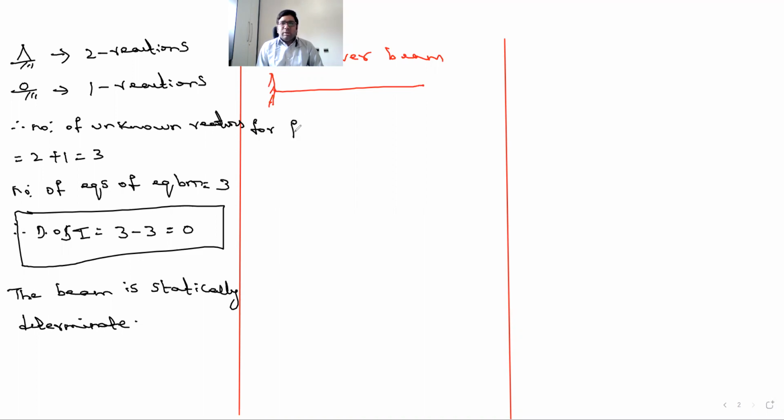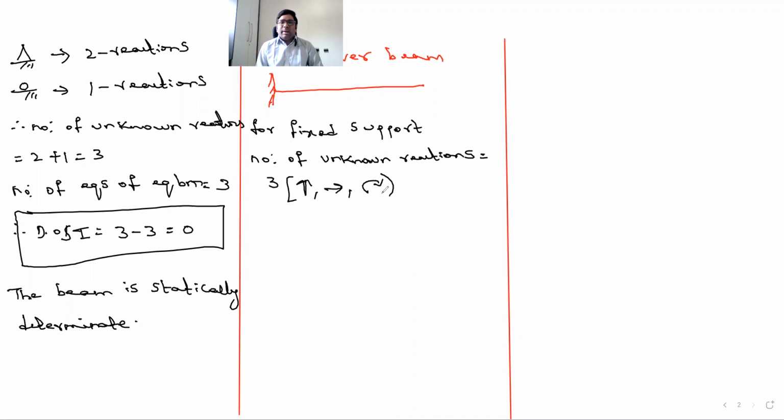For fixed support, the number of unknown reactions is equal to how many? 3. What are those? Vertical, horizontal, and moment.